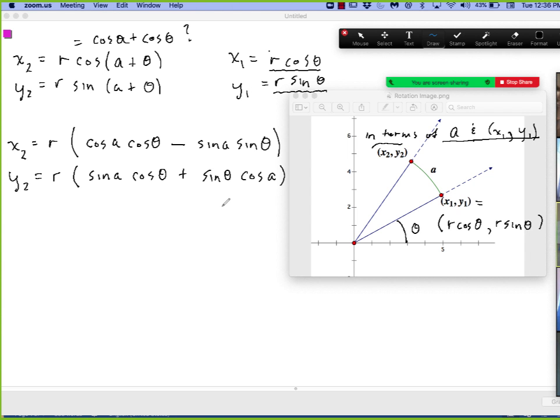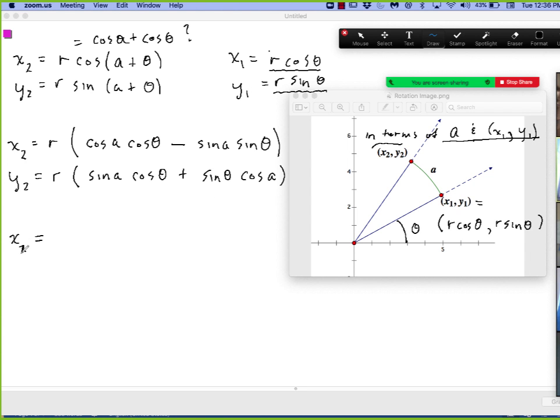Sarah, how will that be helpful? Because from x1 and y1 we have cosine theta and sine theta, and they're both in the x2 and y2 equations. We're able to use it, so that's how x1 and y1 are now incorporated in our new equations.